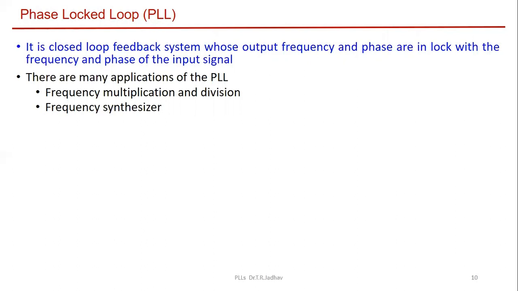Next application is frequency synthesizer. All of you must have heard the word synthesizer, which is a musical instrument. There, you must have noticed that there are multiple octaves, and every octave, like we say sa, re, ga, ma, pa, dha, ni, sa, has different frequencies.